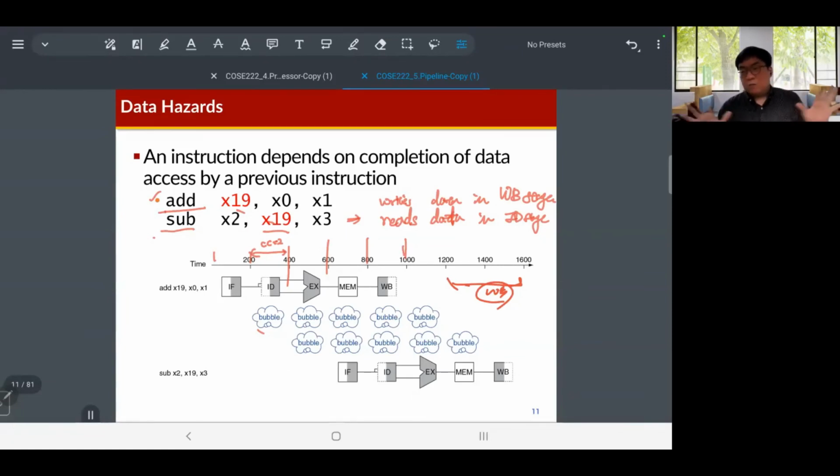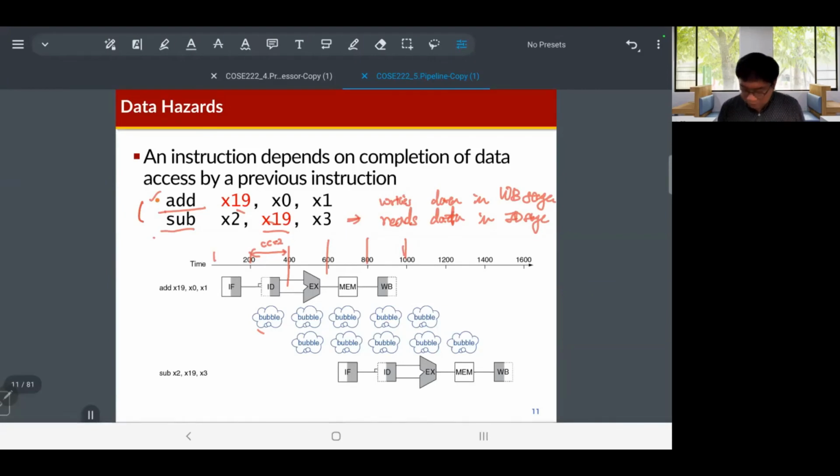So we don't need to consider data hazard in the single cycle processor, but in the pipeline processor, we need to consider data hazard. Because of this data dependency, the next instruction cannot be executed. The next instruction needs to wait some clock cycles until the required data is ready in the pipeline processor.